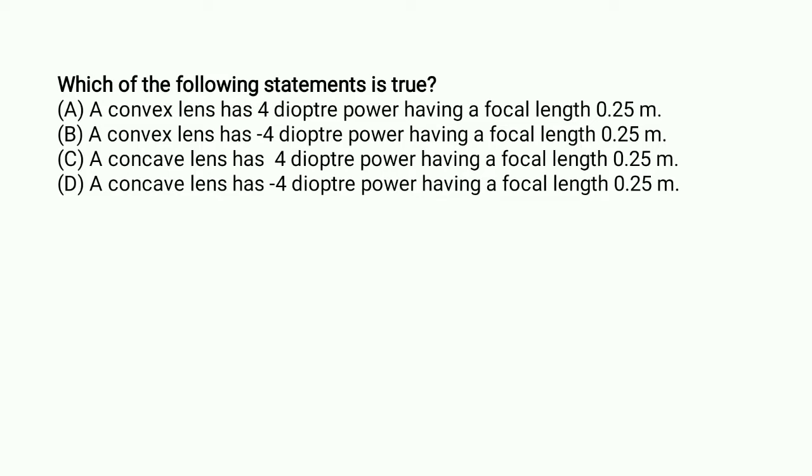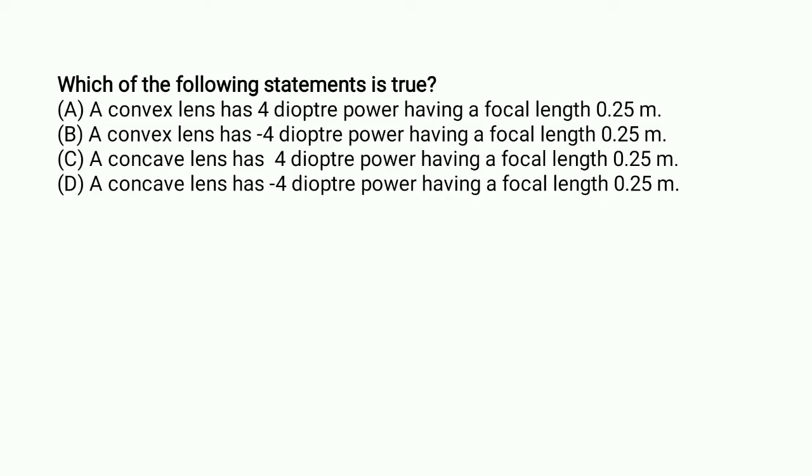Option C, we have a concave lens 4 diopter having a focal length of 0.25 meter. And option D, we have a concave lens has -4 diopter power having a focal length 0.25 meter. So out of 4 options we have to choose the option which is true, which is correct.